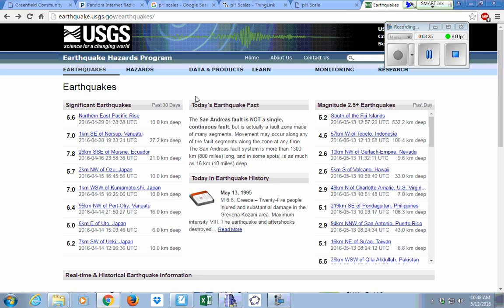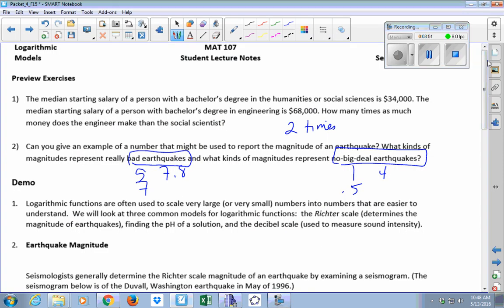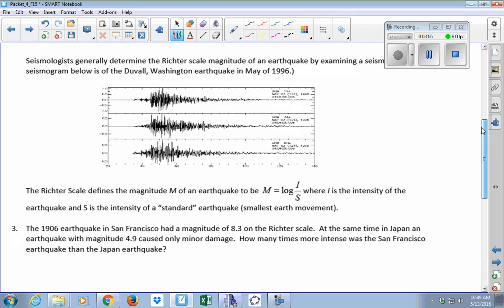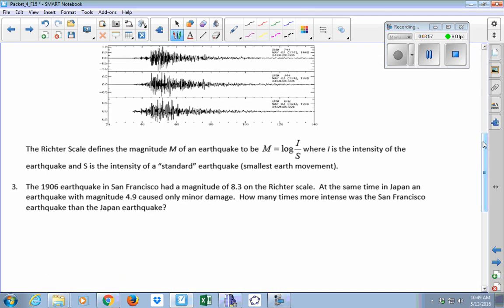So this magnitude, these numbers that you're used to seeing, is from a scale called the Richter scale. The Richter scale is a logarithmic scale, and it measures the magnitude of an earthquake.